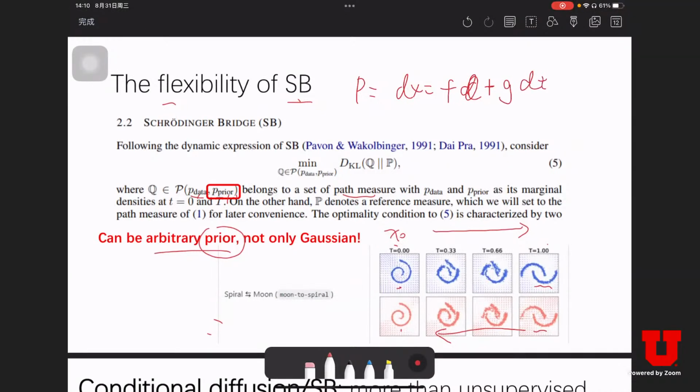Here's the reference SDE. In most cases, maybe just set f equal to 0 and g to some time-varying thing like beta_t, or what they call the OU process or something. So in most cases, we want to keep f and g simple.